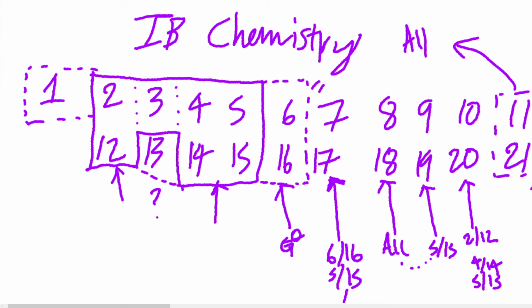The first thing that I would say is to think about everything in terms of electron density, stability, opposite charges attracting, like charges repelling, and electronegativity.